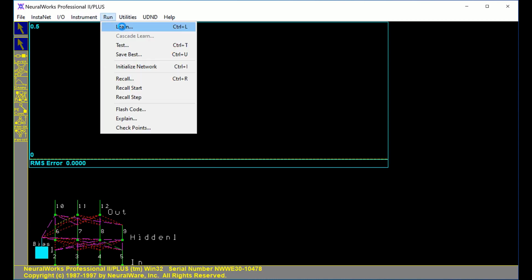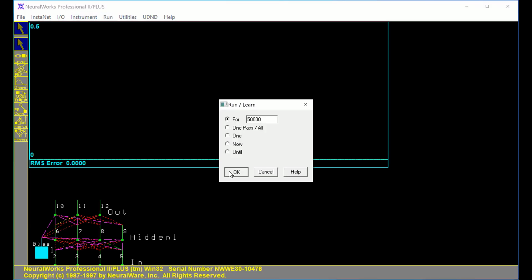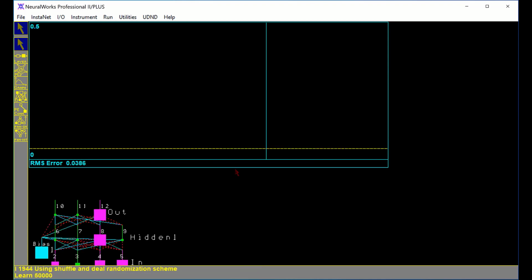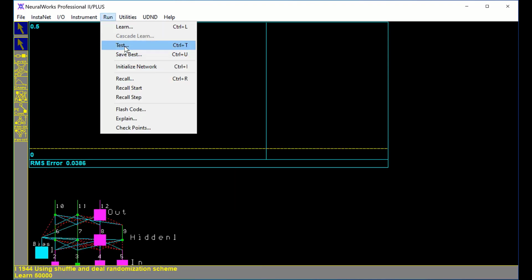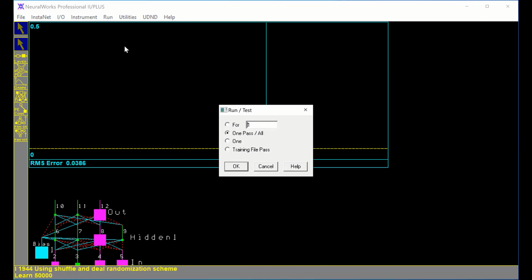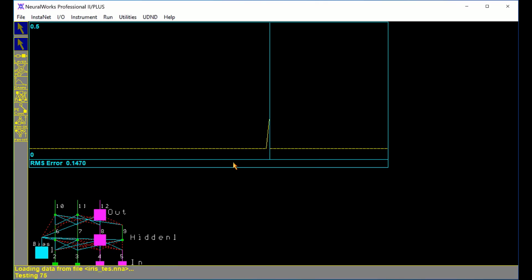We'll run this, learn for 50,000. It learns. We're going to test it. Testing is what generates the .in and R file, which are the results file, and that's what I want to show you. So the error is worse, like I said, because there's some measurement error and it misclassified, and that's part of what I was showing you.